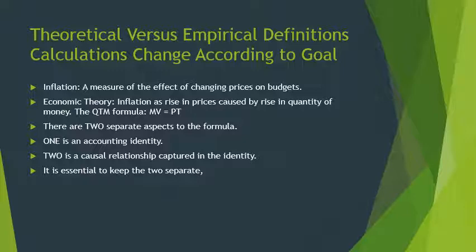One is that it is an accounting identity. It just captures a relationship between certain quantities according to definitions. And the other is that it defines some causal relationships. It says that money affects prices. So these two things are separate and they have to be kept separate. The formula itself does not deliver us a causal relationship between money and prices, even though these things are often confused.